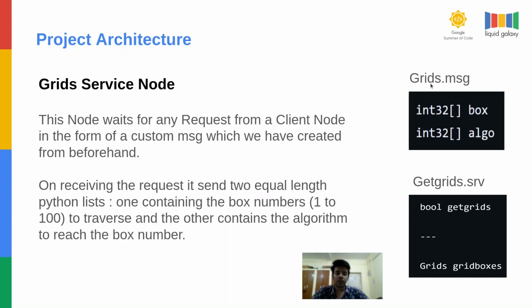What does this grids message type contain? It contains two lists, box and algo. What do this box and algo in the grids message do? Both of them are, you may say, arrays or lists. On receiving the request, it sends two equal length Python lists, one containing the box numbers 1 to 100 to traverse, and the other containing the algorithm to reach the box.